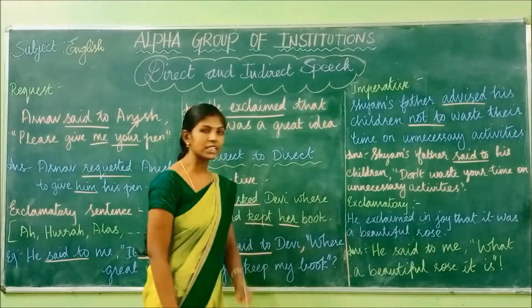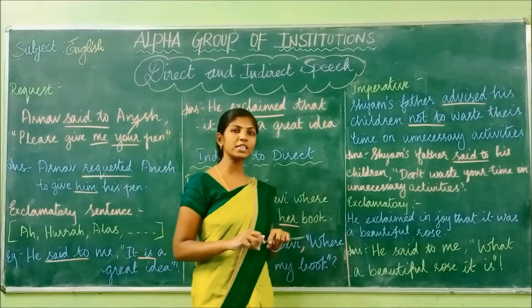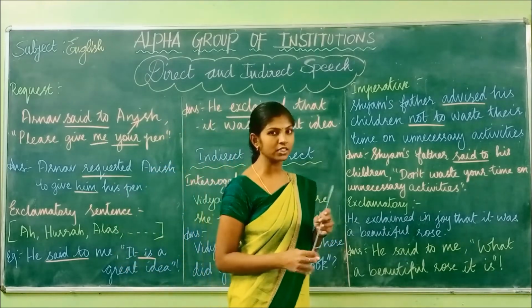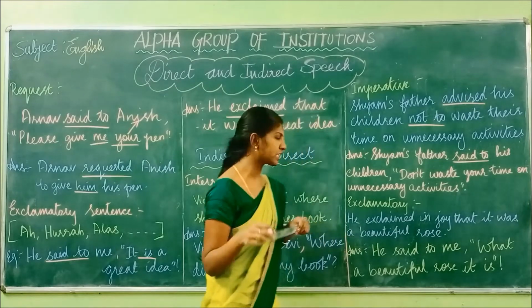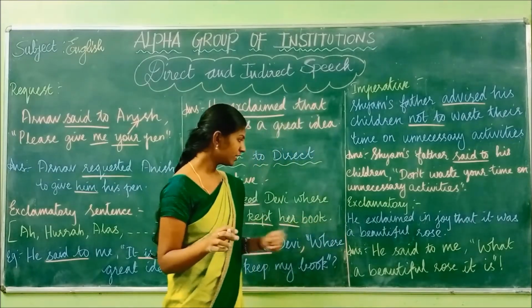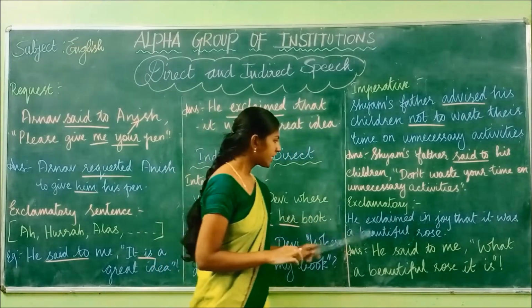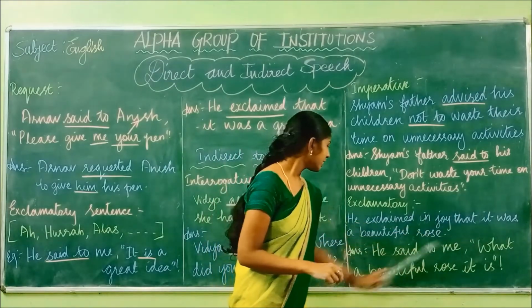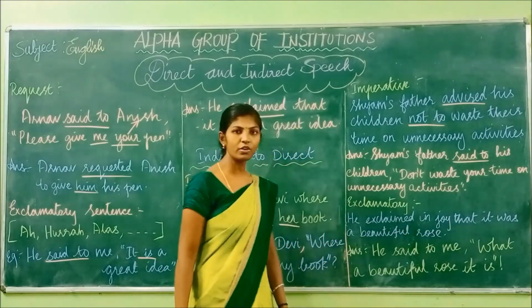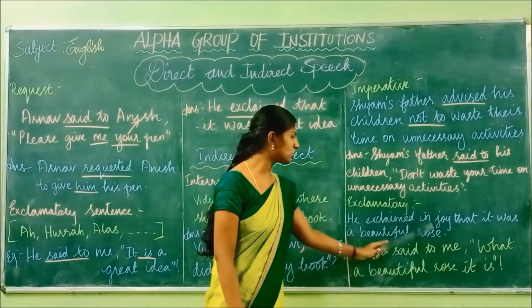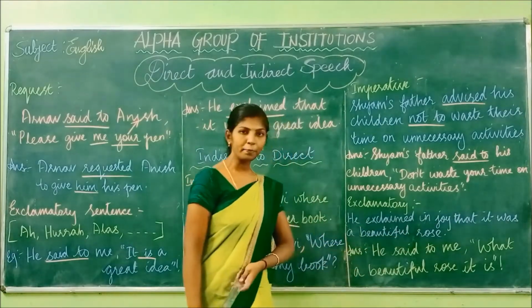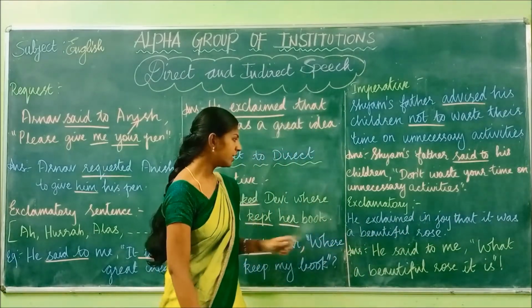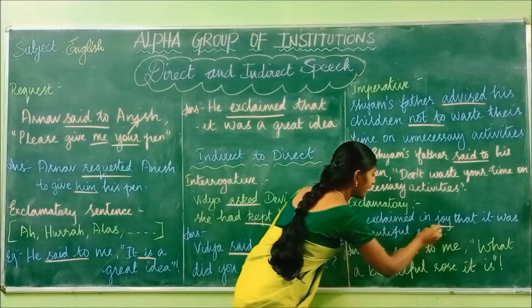Now we are moving to exclamatory sentences. How do we change an indirect exclamatory sentence into a direct exclamatory sentence? See here, the example is, he exclaimed in joy that it was a beautiful rose. Right? So here, exclaimed in joy.